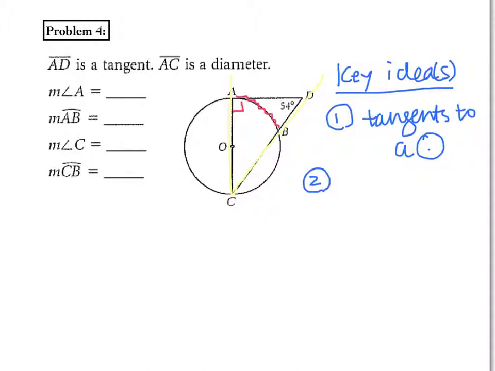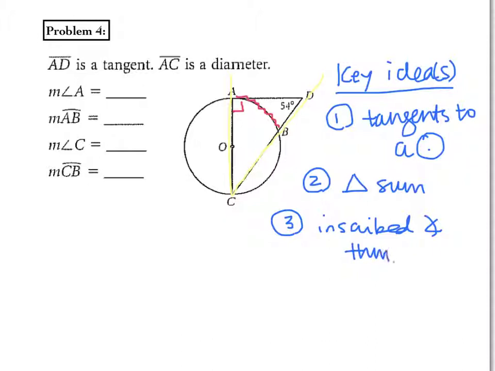So if I'm able to find the measure of angle C with the triangle sum, I could find the measure of arc AB by using the inscribed angle theorem. And then finally, to find the measure of arc CB, we know something about the measure of an arc of half the circle. So let's list that.